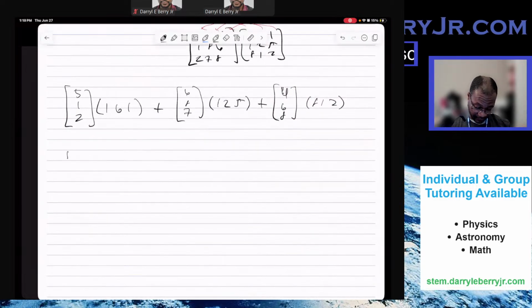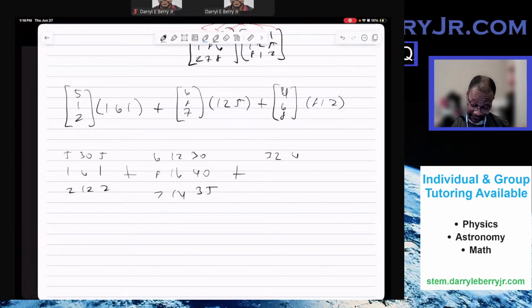So I would have 5, 35, 161, 2, 12, 2, plus 6, 12, 30, 8, 16, 40, 7, 14, 35, plus 32, 4, 8, 48, 6, 12, 64, 8, 16, and the numbers do seem familiar.